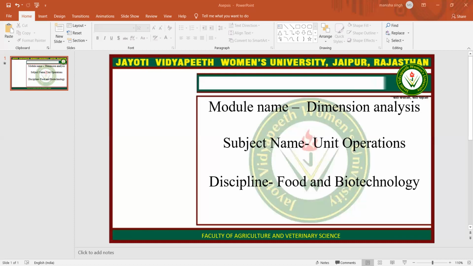Then the derivation. Kinetic energy is given as half mass into velocity square, half mv square basically. The dimensional formula of mass is M^1 L^0 T^0. We know that velocity is distance upon time.